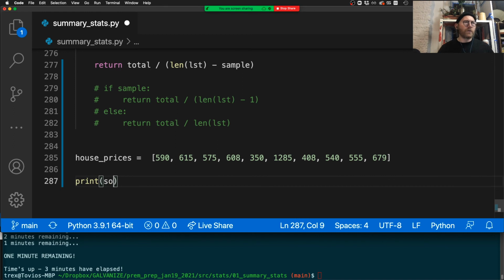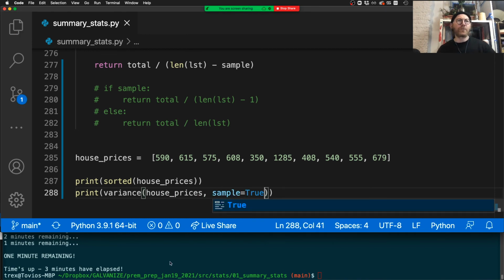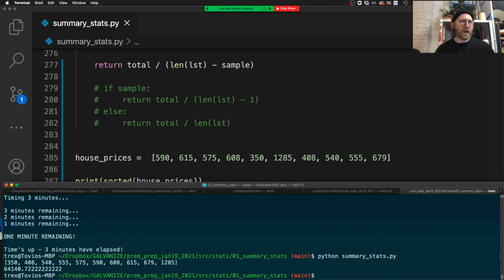Okay, so let's print the sorted version of the house prices just to see things in context, and let's print the variance of the house prices. We're assuming this is a sample, so I don't need to put that in there. I'm just going to put it in there because I like including the default parameter values depending on the situation.